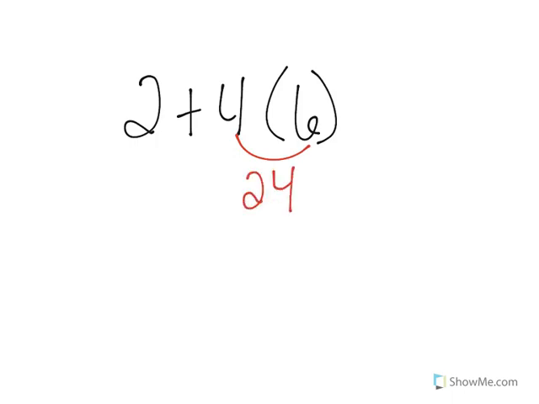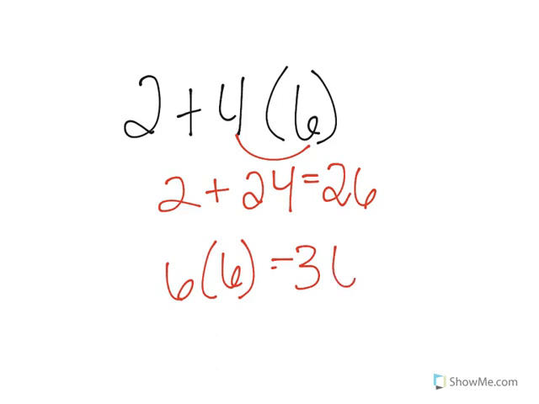I get 24, and then I add 2. My answer is 26. But if I didn't follow the rules, what if I added first? 2 plus 4 is 6, and then 6 times 6 is 36. Even though I added correctly and multiplied correctly, this is definitely wrong.